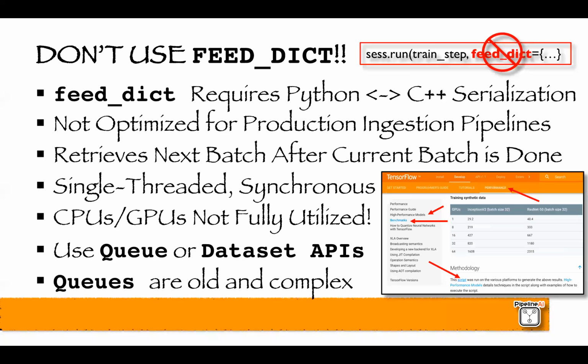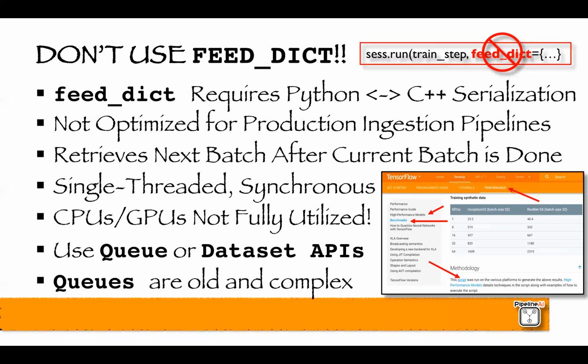It's single-threaded. It is doing everything synchronously, which is bad. There's one thread that is pulling data, for example, from HDFS and presenting it, and then once it's taken, it goes back and pulls in the next. So this is very bad for saturation and for gaining high CPU GPU utilization. So the suggestion is to use queues. They are a bit complex, and they work pretty well.